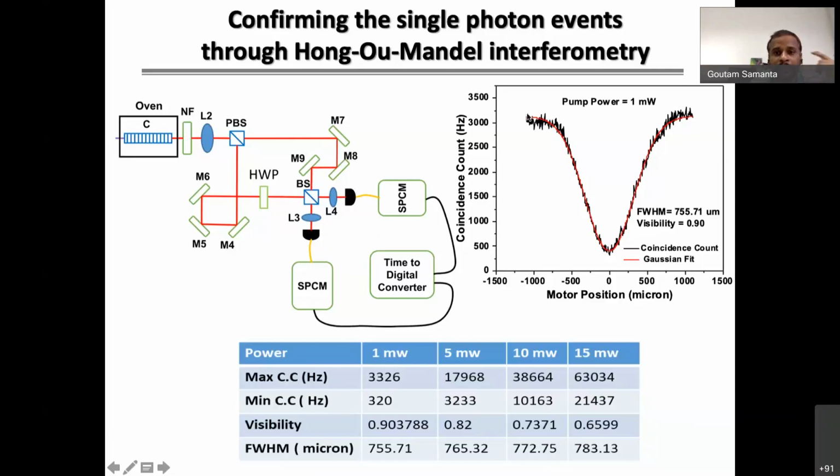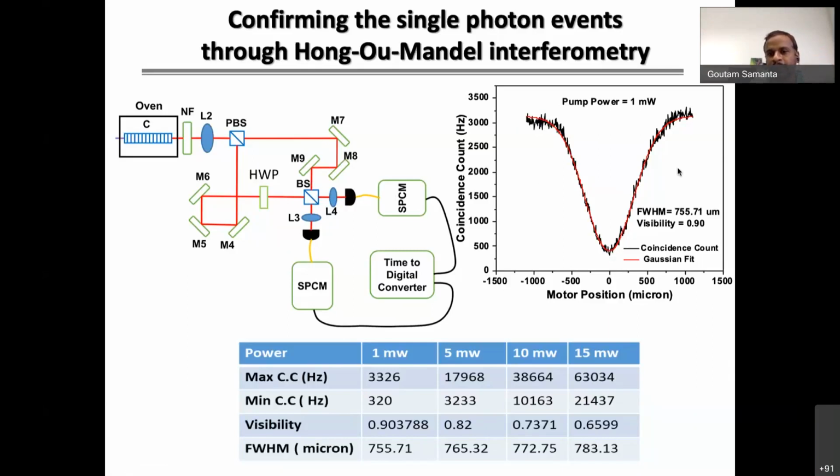When they are distinguishable, one photon will go into one port and the other photon into the other port, and we will get coincidence. But if we keep reducing the delay, the coincidence keeps decreasing, and when the delay is almost negligible or zero, there will be the minimum coincidence, because bunching is happening and the photons are going into one port.